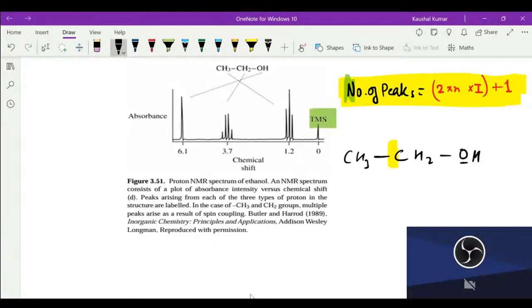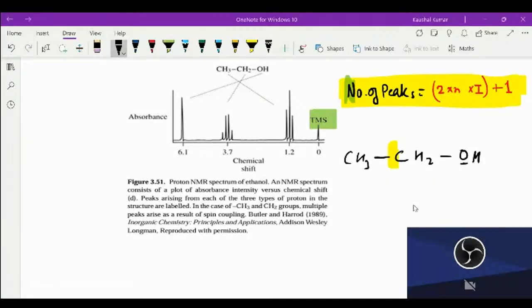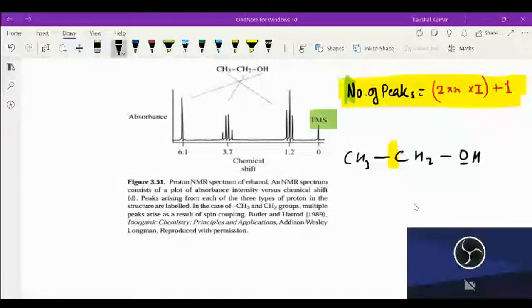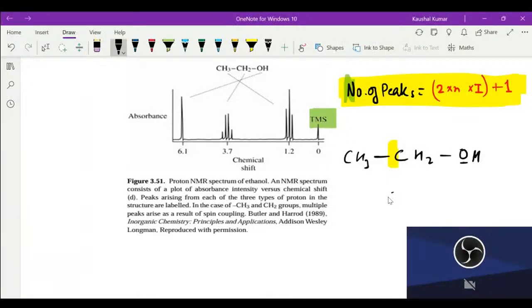How many hydrogen atoms will be there? For CH2, how much will you get?